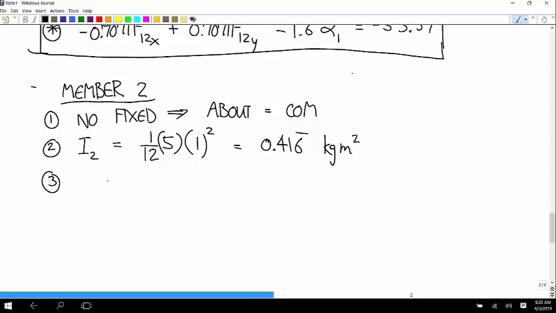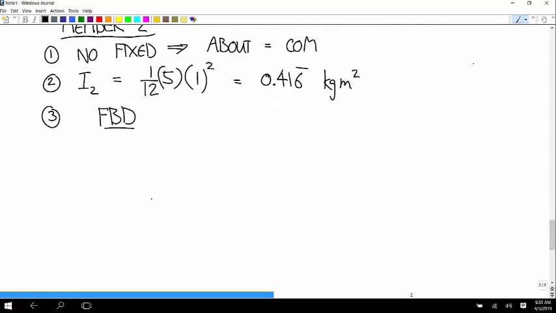And now a free body diagram. There's a weight force of 49.05. There's no force at the top. At the bottom, member 2 is connected to member 1. There's the force on 2 by 1.